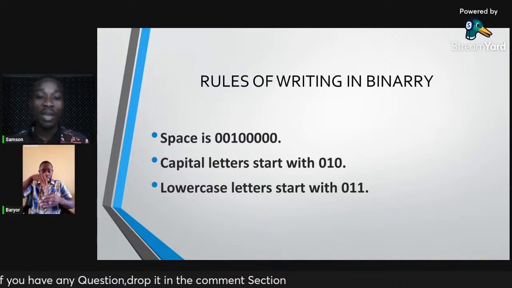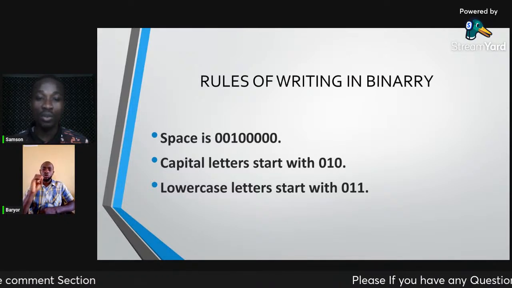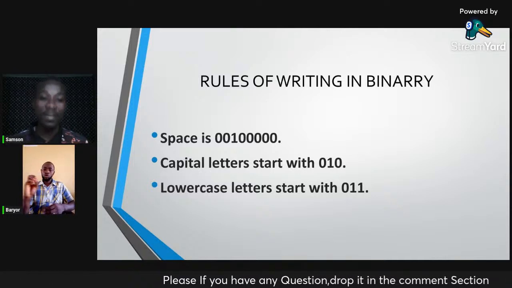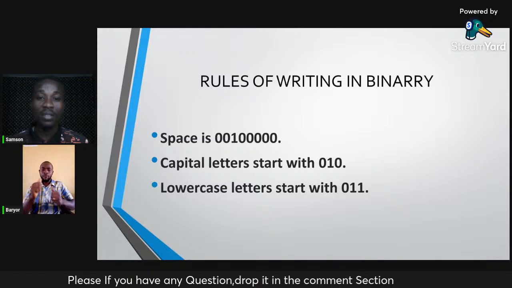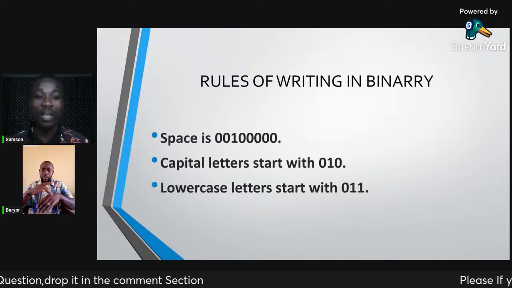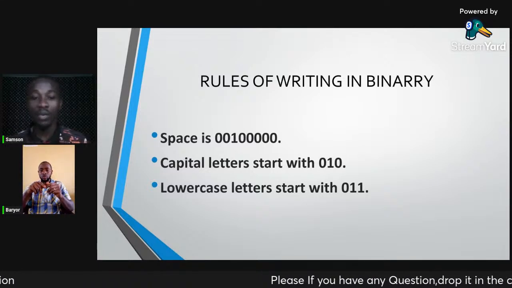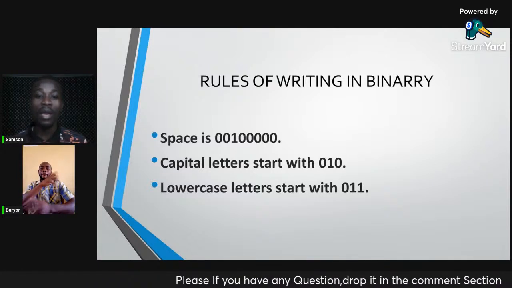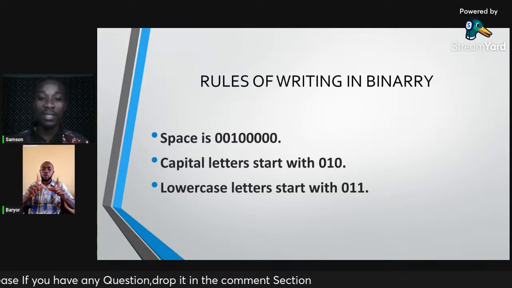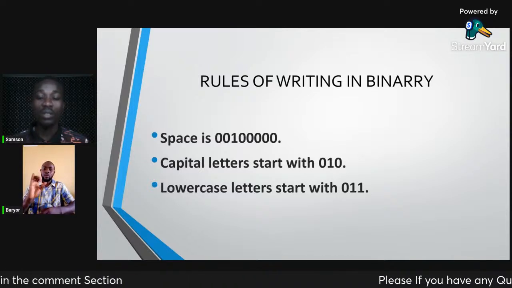Space is represented by 00100000. So two zeros at first, then one, then five zeros follow it to represent space. Is that okay? So to represent capital letters, if I want to say my name now and I want the M to be in capital letter, for me to write it in binary code, I want to start with 010.